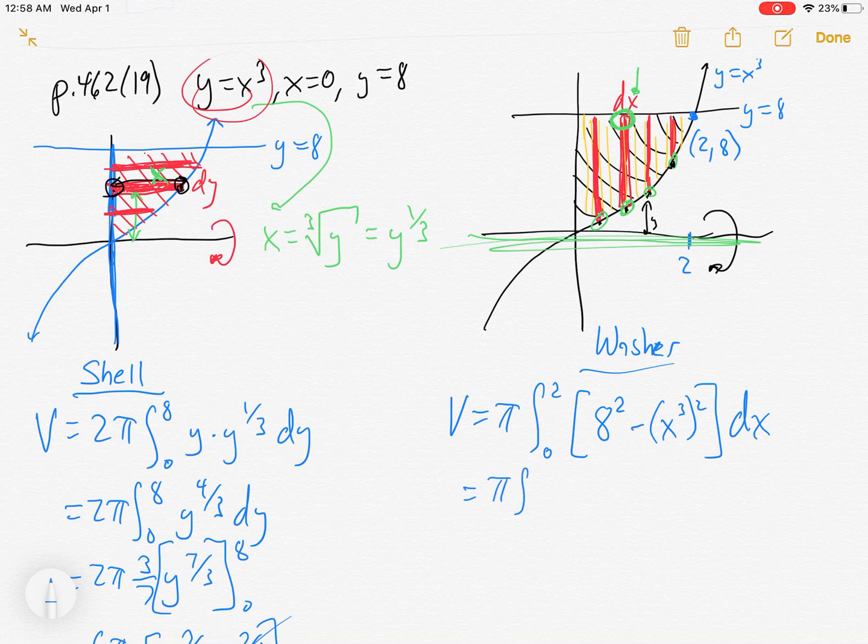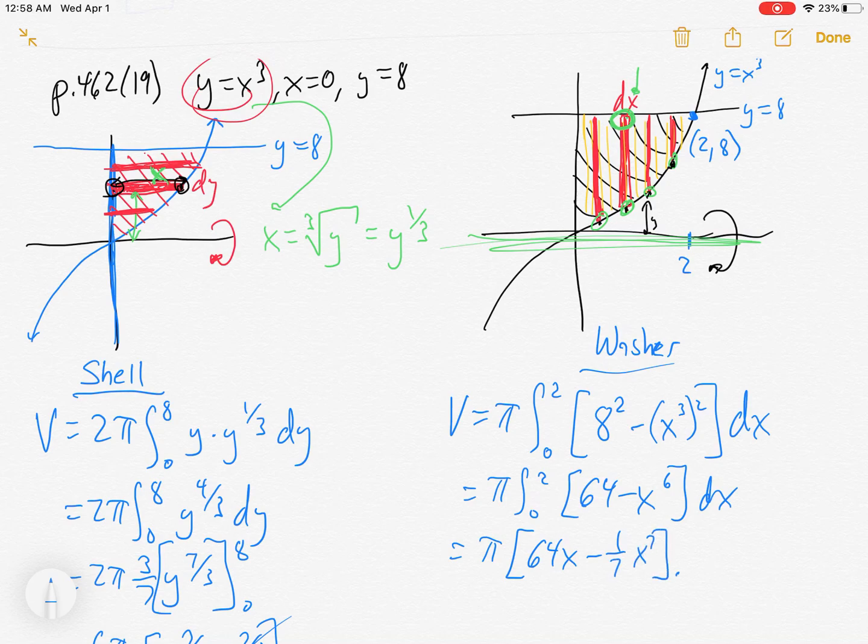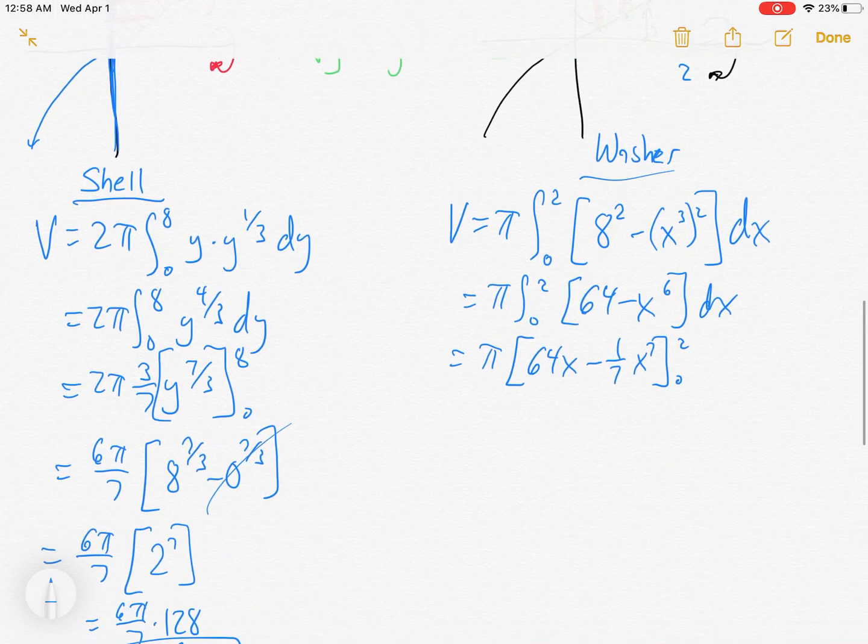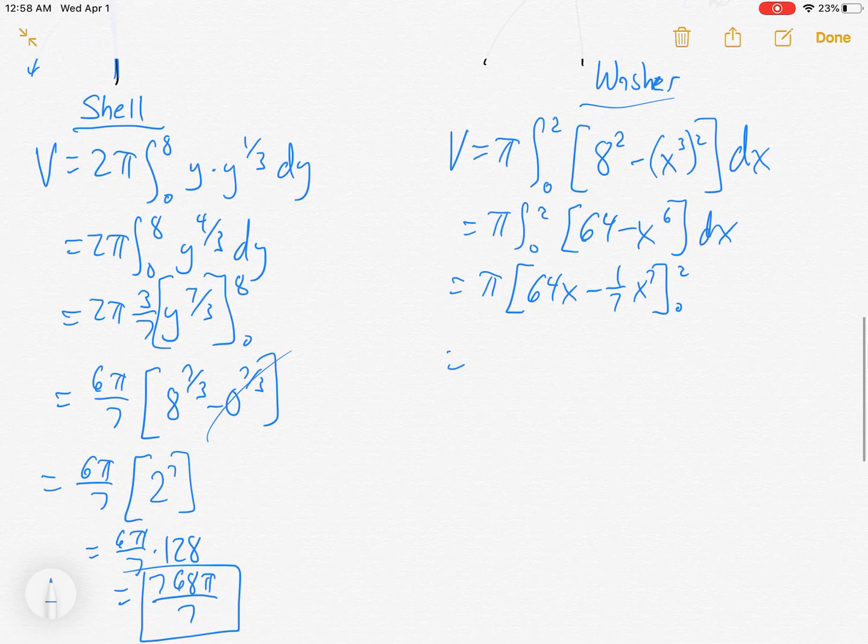Now I'll do a little simplifying. We get 64 minus x to the 6th. And you can skip over this if you like. 64x minus 1/7 x to the 7. It's nice when you plug in a 0 as one of your bounds.